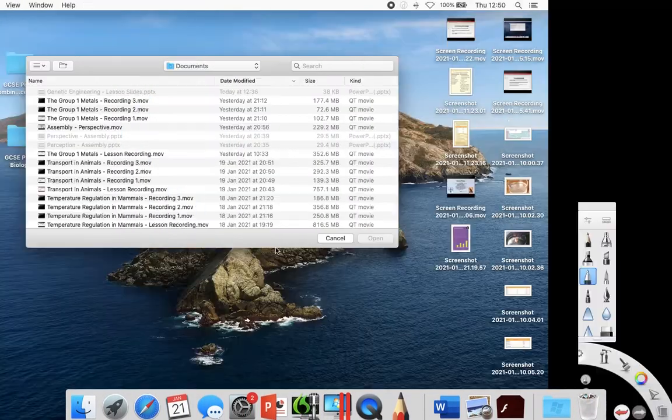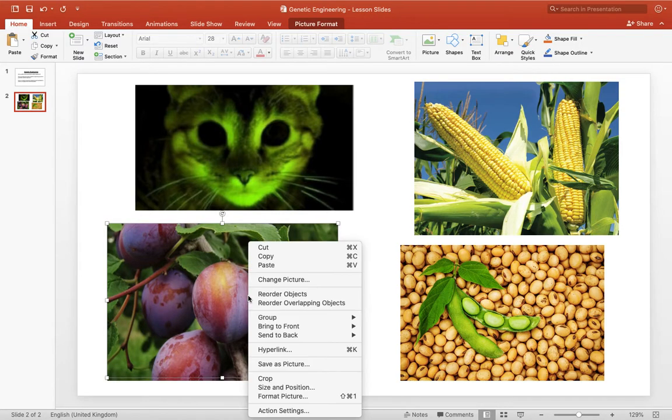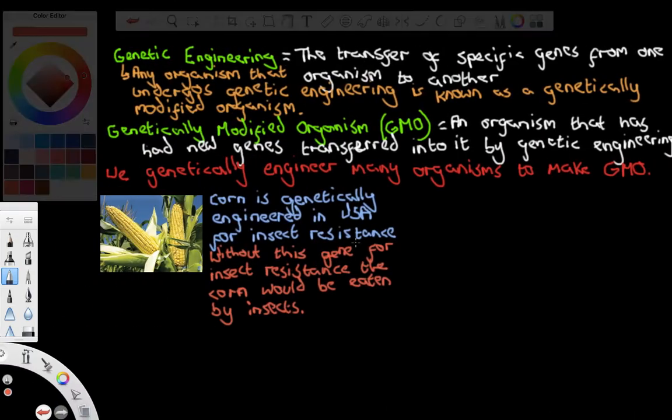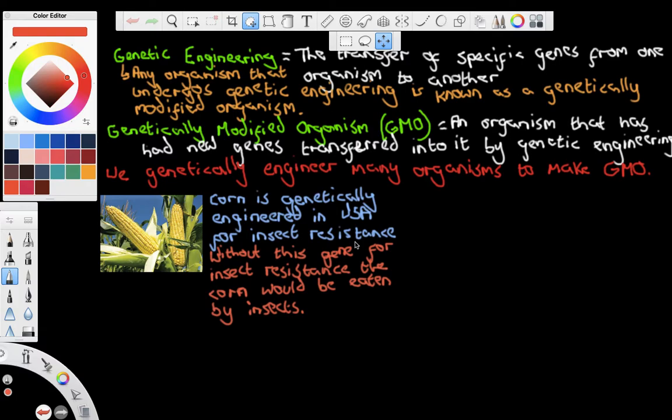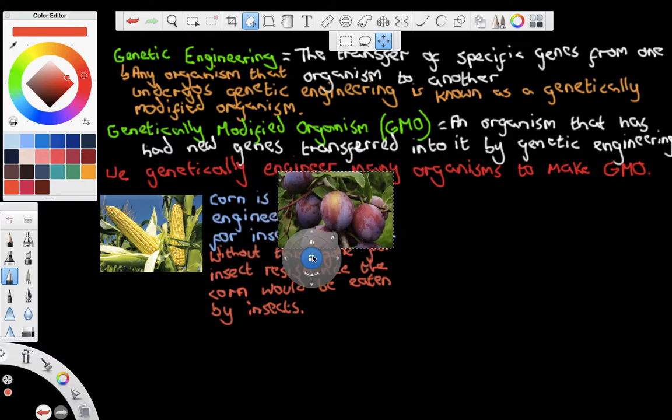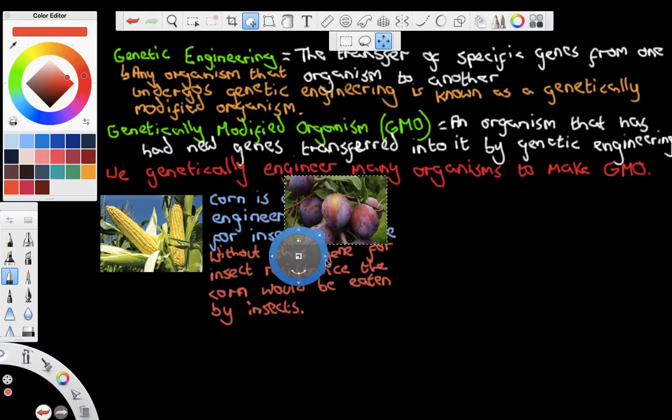Another example of organisms that are genetically modified are plums. Plums are a fruit, and we genetically engineer plums so that they are resistant to viruses such as tobacco mosaic virus.